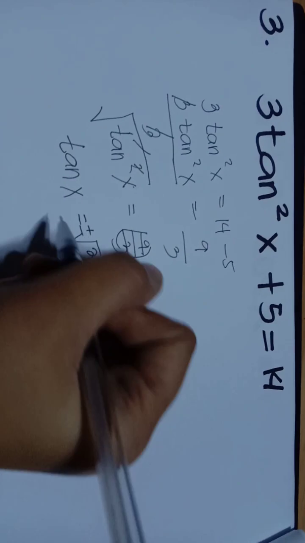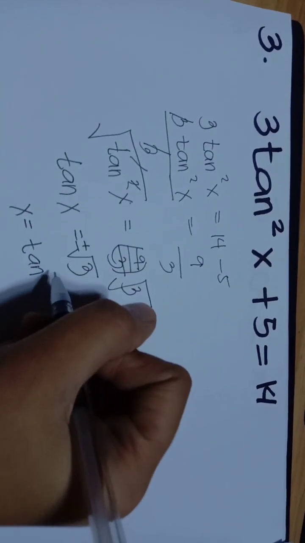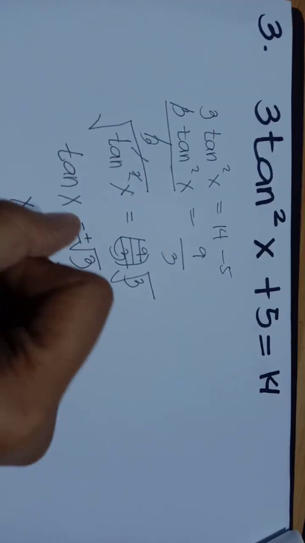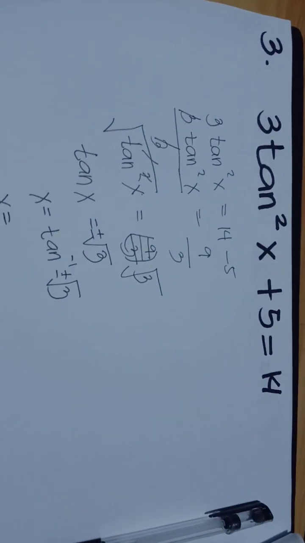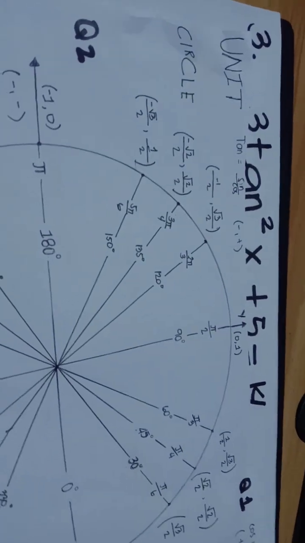Positive, negative square root of 3. x equals arc tangent of positive and negative square root of 3. Okay, what is now the value of x? Let's take a look at the unit circle.